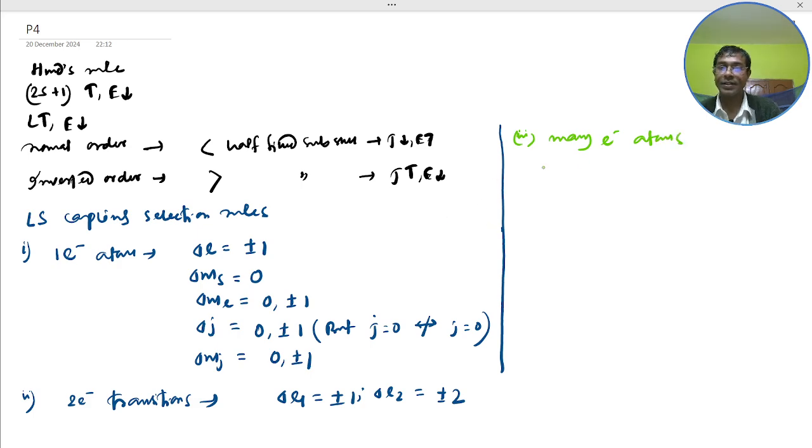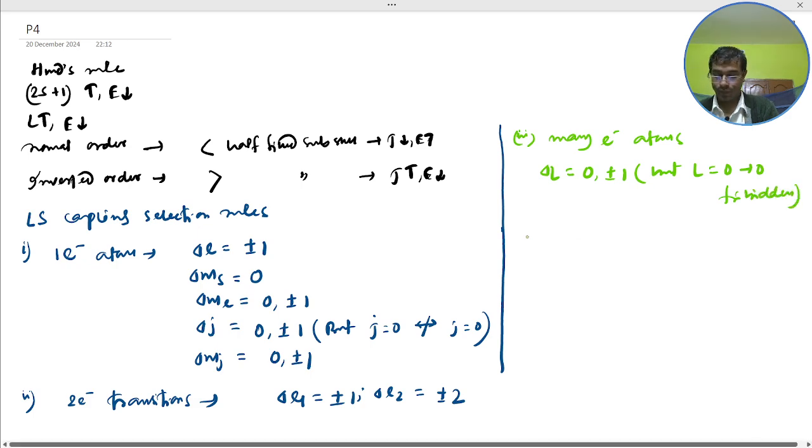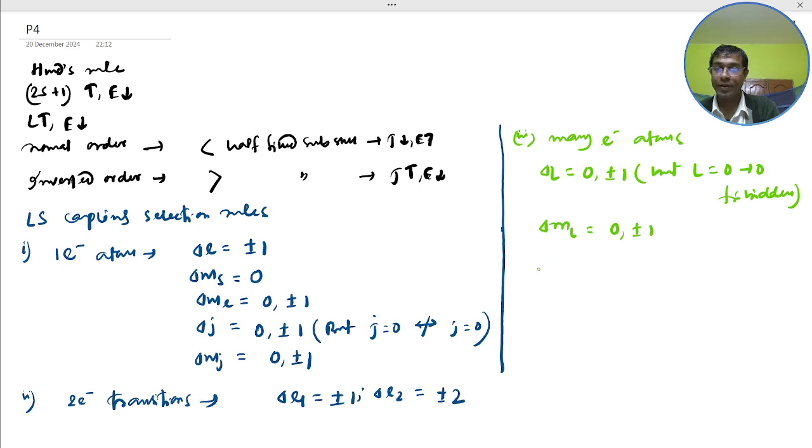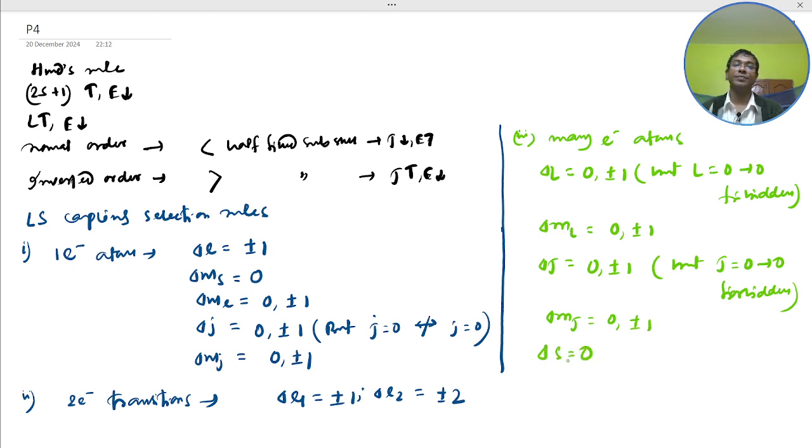Many electron atoms, that del L equal to 0 plus minus 1, but L 0 to 0 is forbidden, and del ml is equal to 0 plus minus 1, del J 0 plus minus 1, but J value 0 to 0 forbidden transitions, del mj 0 plus minus 1, and last one del S is equal to 0.